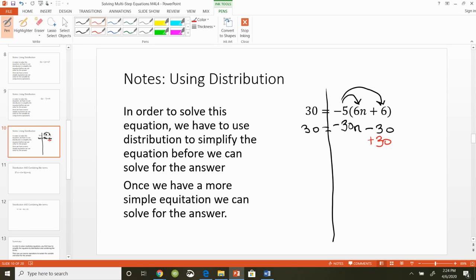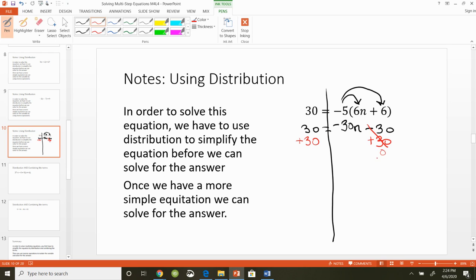But because I'm adding 30, I'm changing this equation. I have to change the left side and the right side equally. So plus 30 on the right, plus 30 on the left. What happens here on the right-hand side, a minus 30 plus 30, that cancels, and that's 0. I'm not going to write the number zero down because I don't really need it on this side.